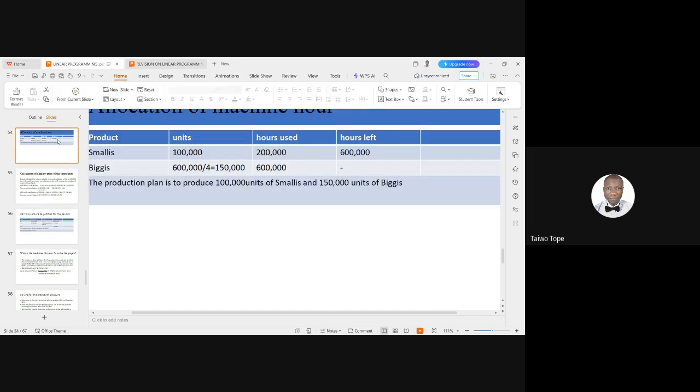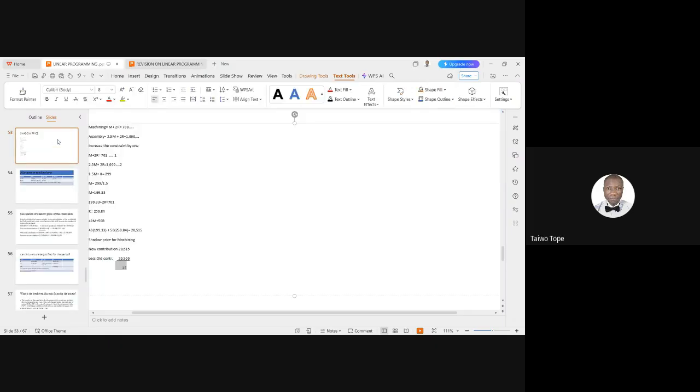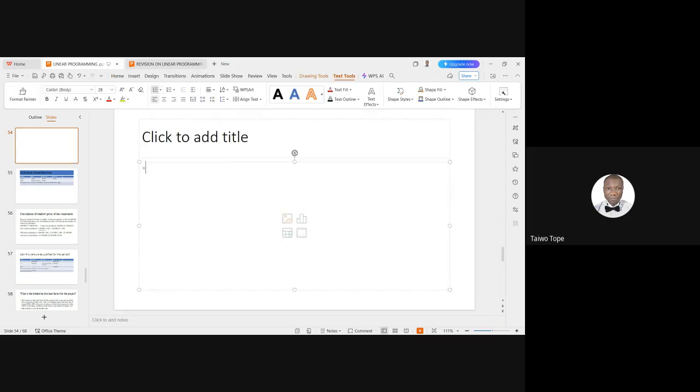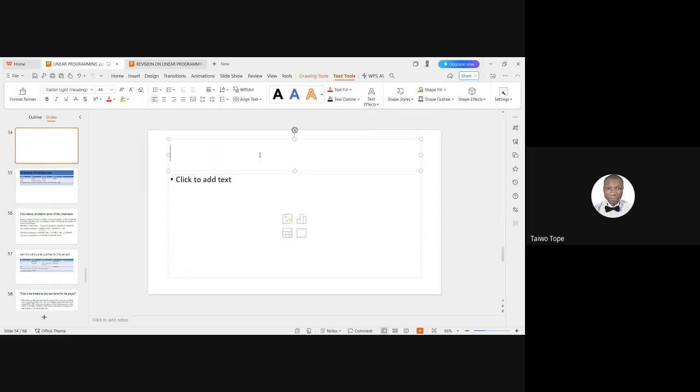Let me get for assembling. What will be the results? Shadow price for assembly.